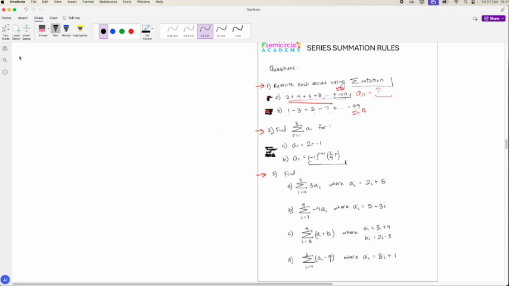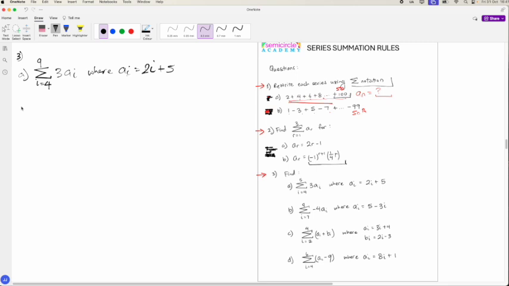Now let's talk about number 3, part A. We have to find the summation from i is equal to 4 to 9 of 3a_i, where a_i is 2i plus 5. And that's a subscript i, but that's 2 multiplied by i, right?